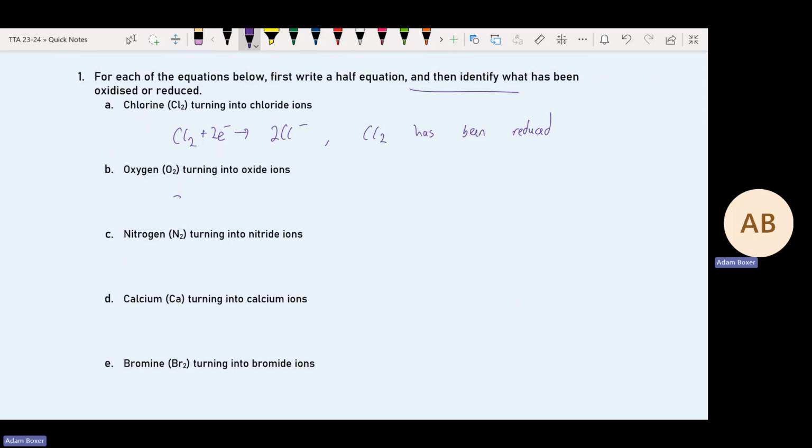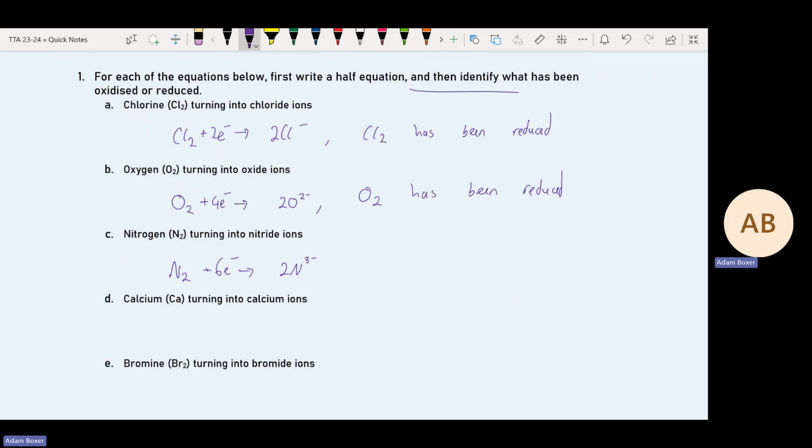This is one that we did just before. O2 is turning into 2O2 minus. It's gaining electrons there. So in this case, O2 has been reduced. When I look at this one, I've got N2 turning into 2N3 minus.